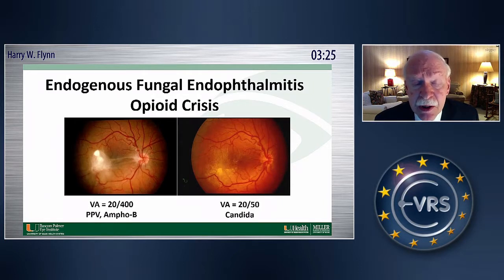Again, another case. Continue to think about the opioid crisis and the value of vitrectomy in diagnosis and treatment of this condition. This patient had a favorable outcome with vitrectomy and intravitreal injection.